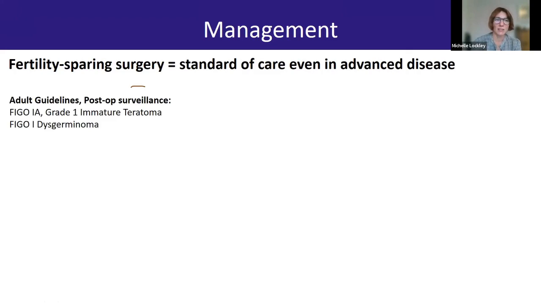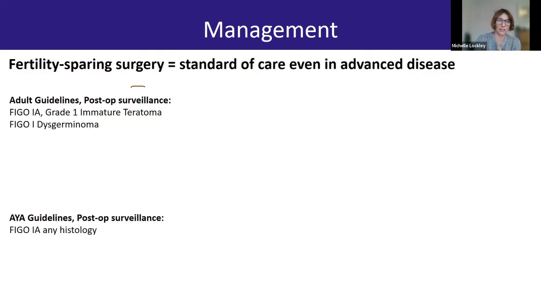In adult guidelines provided by ESMO, they recommend that some patients with very early stage, low grade disease can then be managed after their surgery with just surveillance and no need for further adjuvant treatment. And in the adult guidelines, they define these subtypes as being ones that do not need chemotherapy after their initial surgery.